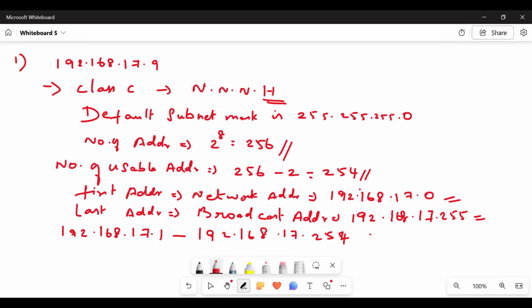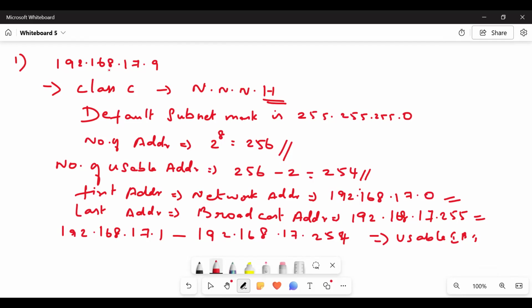So these are the usable IPs that can be allocated for the devices.